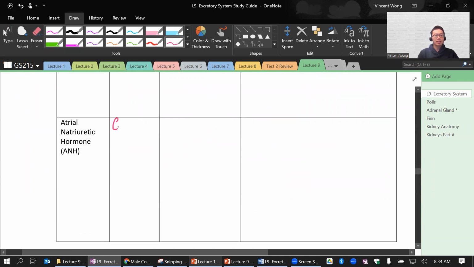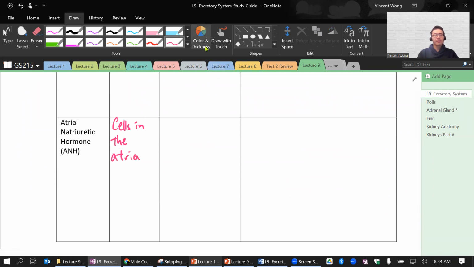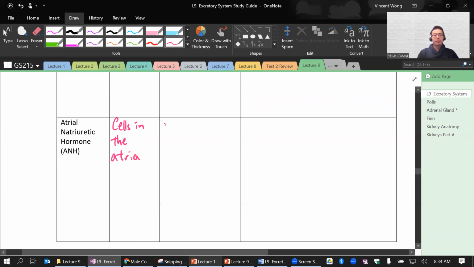So this is cells in the atria of the heart, obviously. And to trigger the release of ANH, it will be increased, or like high blood pressure, we can say. High blood pressure.